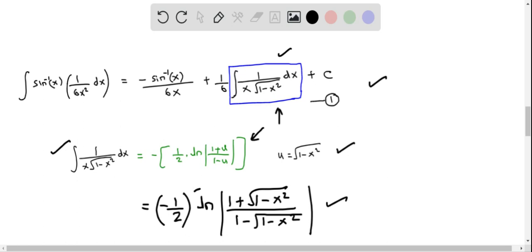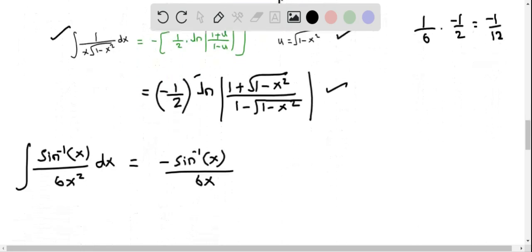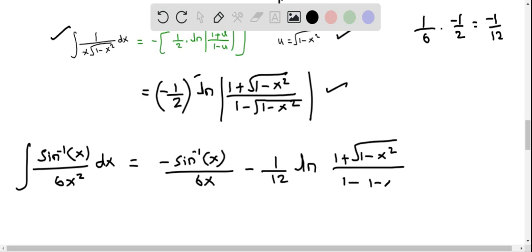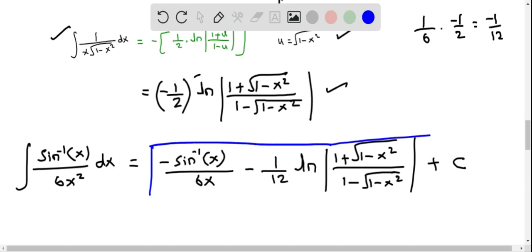So negative 1 by 2 times 1 by 6, that is 1 by 6 times negative 1 by 2, equals negative 1 by 12. So I'm going to replace it with the natural logarithm expression, that is natural logarithm of 1 plus the square root of 1 minus x squared over 1 minus the square root of 1 minus x squared. This is in absolute value, plus the integral constant c. So this is the final result of the given integral.